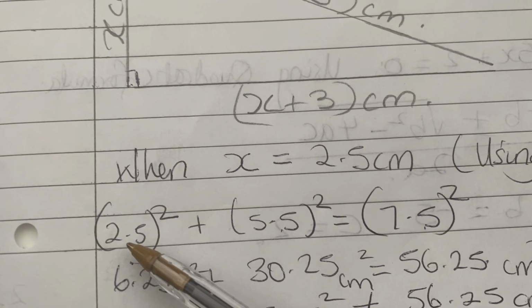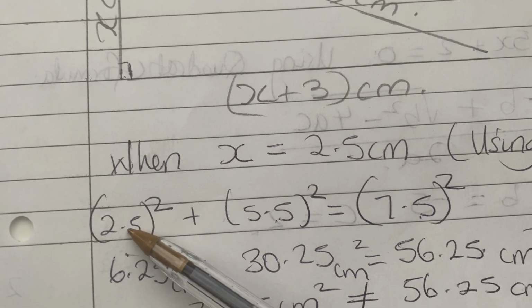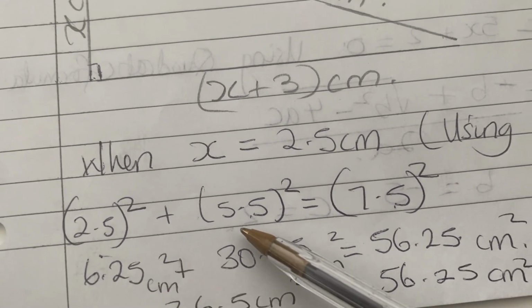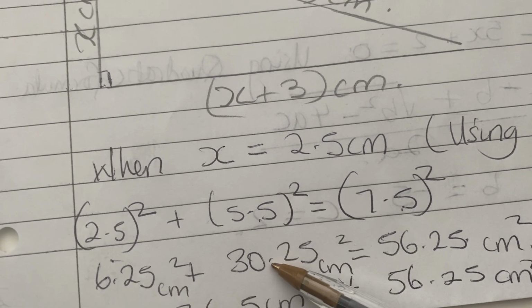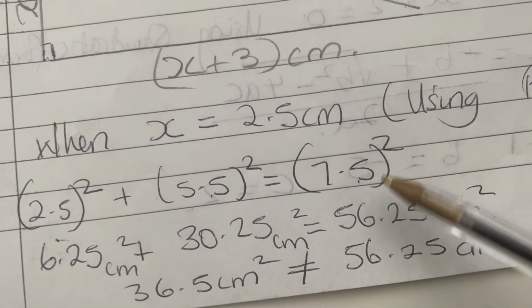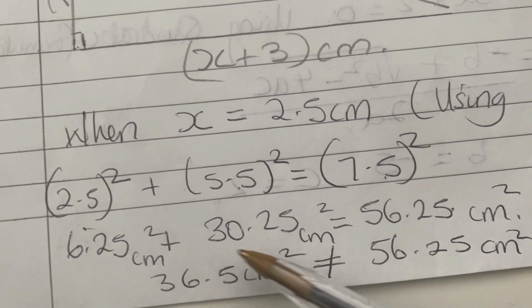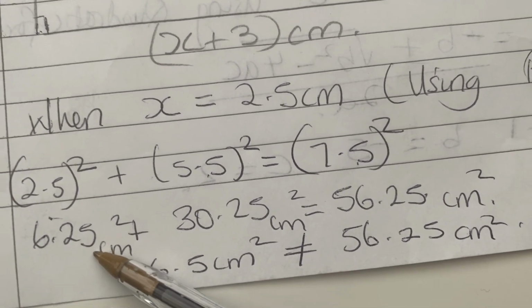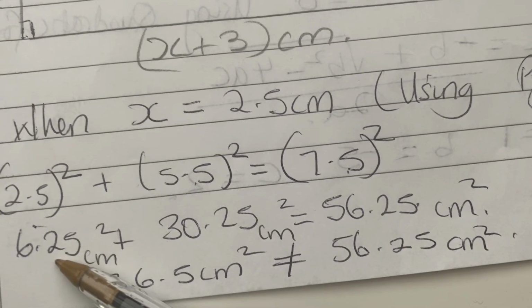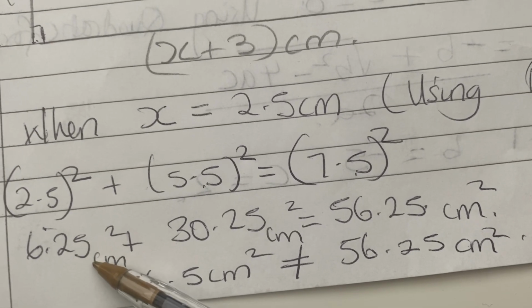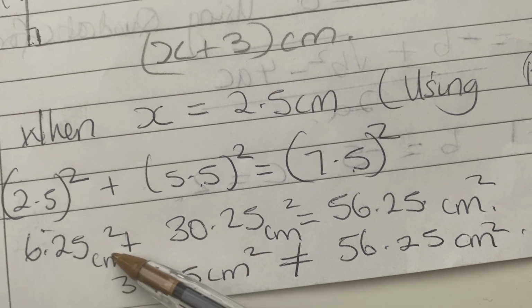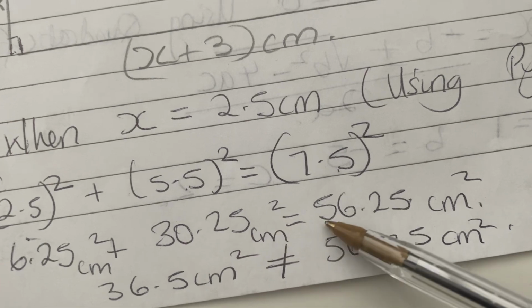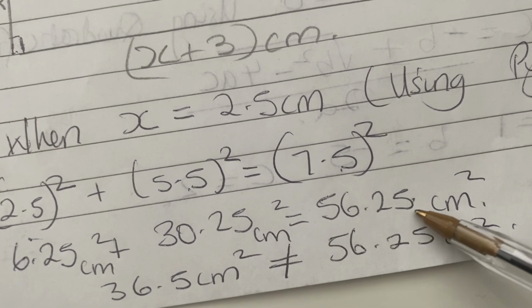Or you can round it off and say 3 squared is 9, assuming you don't have the calculator, 6 squared is 36, and then 8 squared is 64. But if you use the calculator, you come up with 6.25 plus 30.25 equals 36.5.